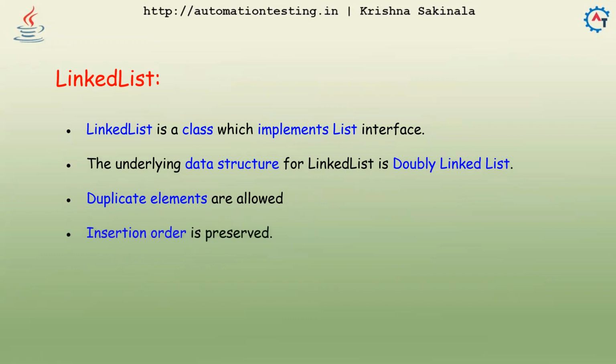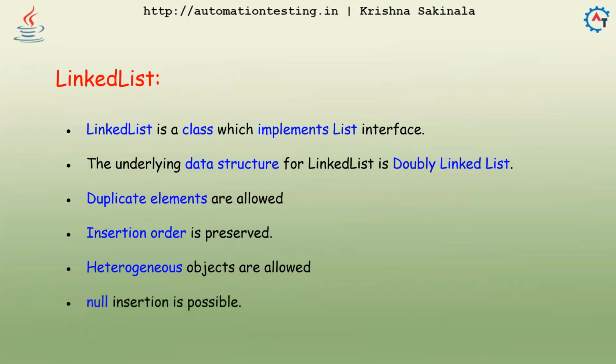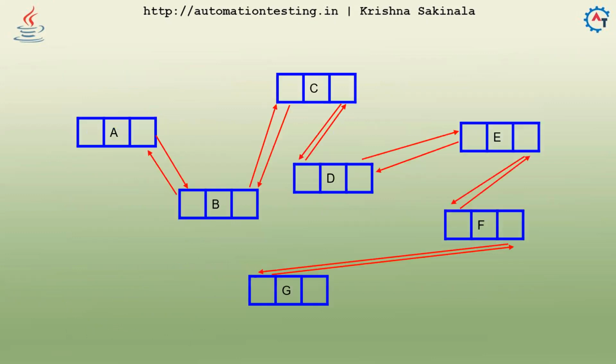Insertion order is preserved. In which order you insert the data, in the same order it will be stored. Heterogeneous objects are allowed. We can add different data types to a linked list. Null insertion is possible. So we can insert null values also into the linked list.